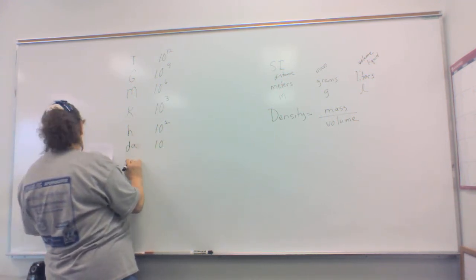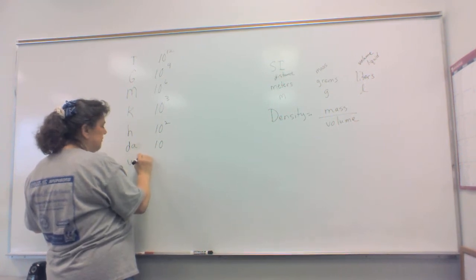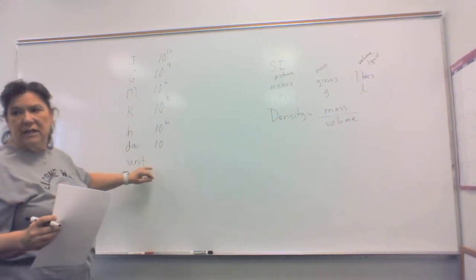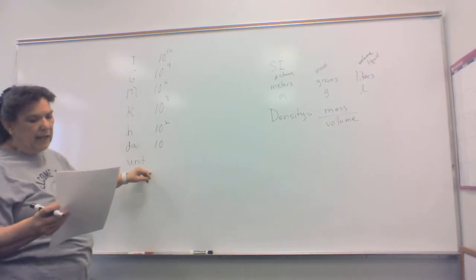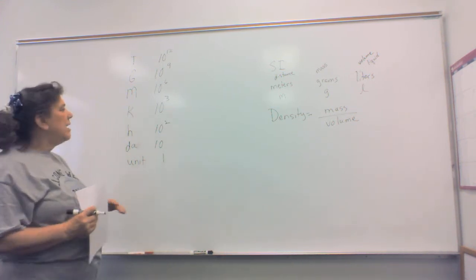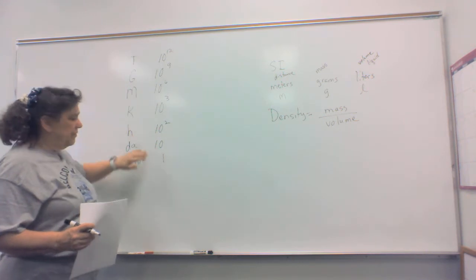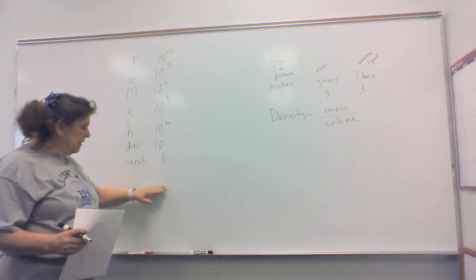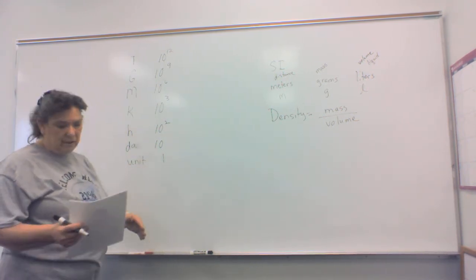And then you're down to your unit itself, whether it's meters, liters, or grams. And that is always your one. Now, these are all bigger than a unit. Down below is all smaller than the unit.